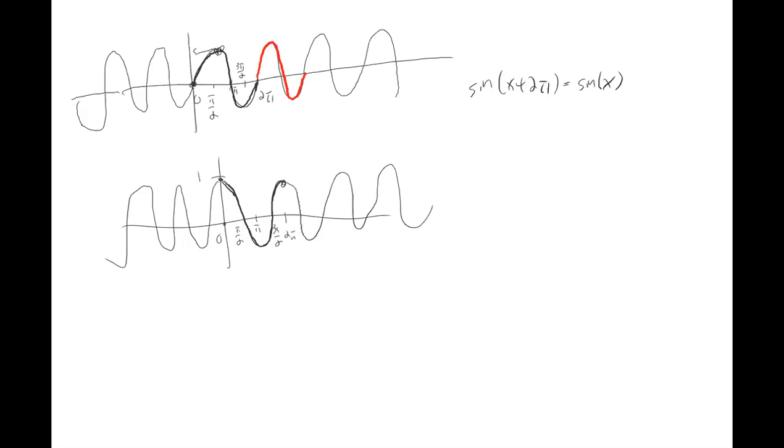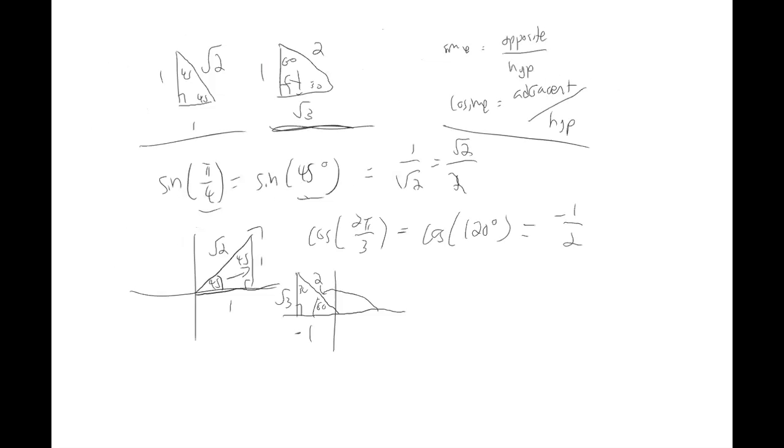And you sort of see, the question we had before was 2 pi over 3. We got negative a half, and you see it sort of matches the picture, because where is 2 pi over 3?